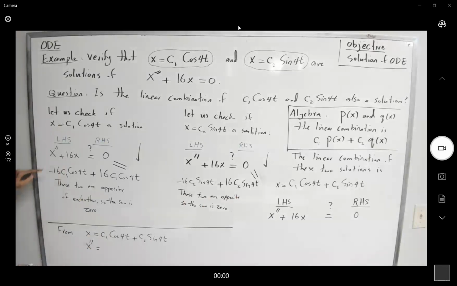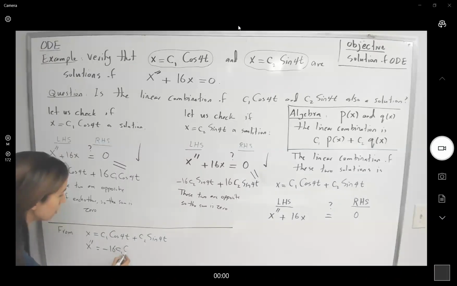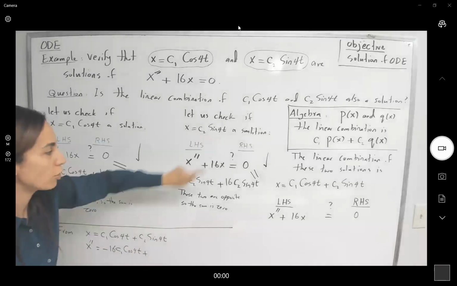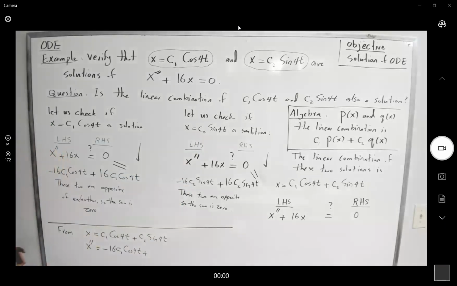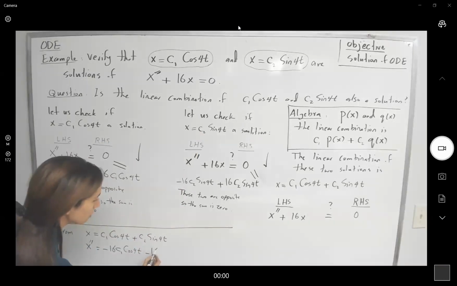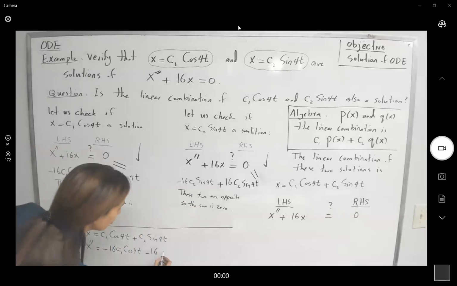So the second derivative of x equals C1 cosine 4t is negative 16 C1 cosine 4t. Plus, the second derivative of C2 sine 4t is negative 16 C2 sine 4t.